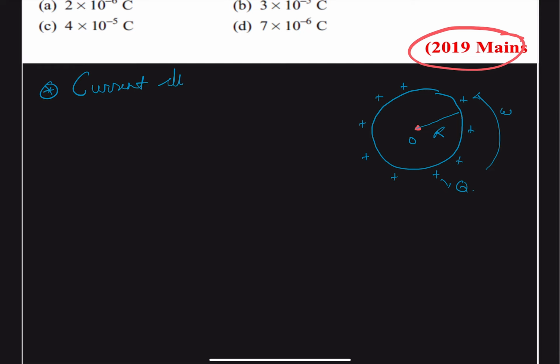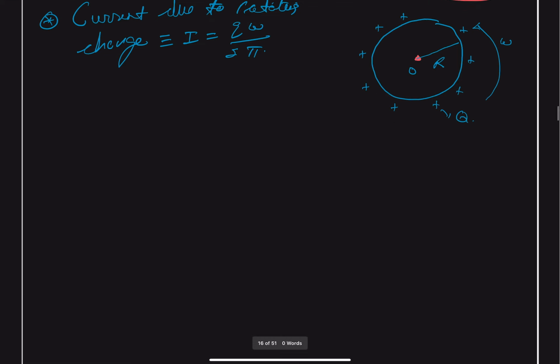Current due to rotating charge is I, which is equal to Q omega divided by 2 pi. And magnetic field at the center of a current carrying loop is given as mu naught I upon 2r.